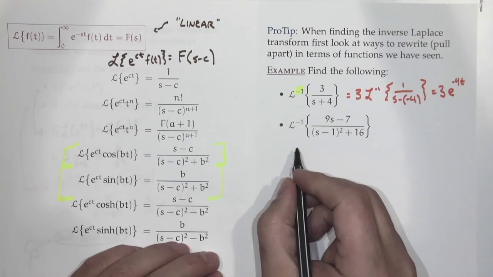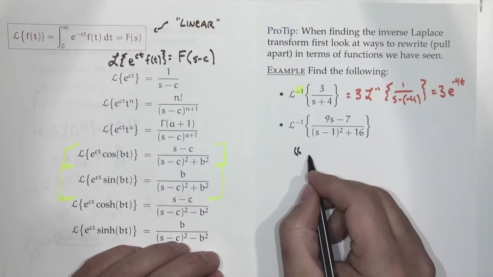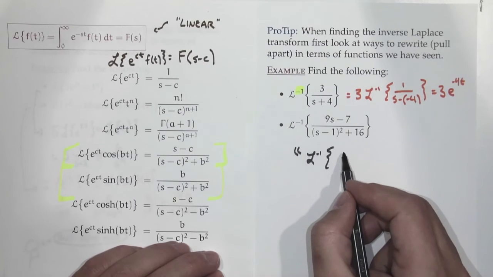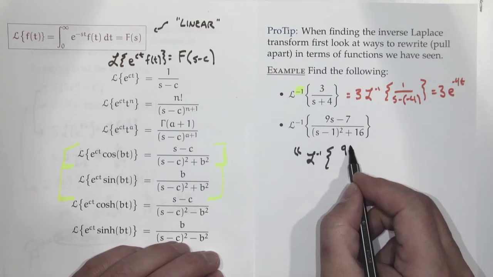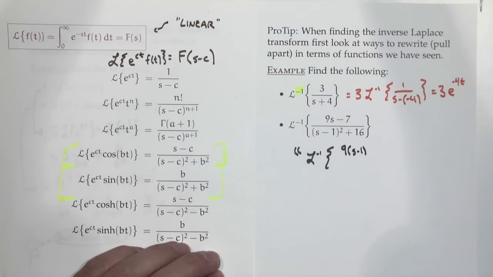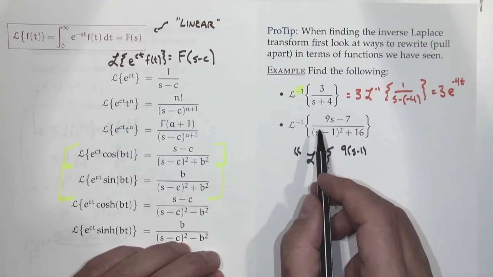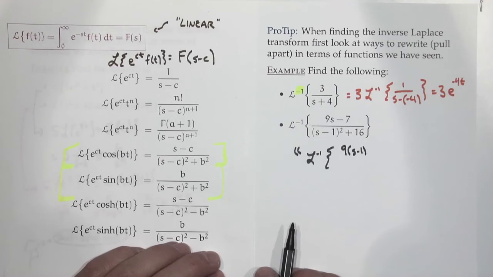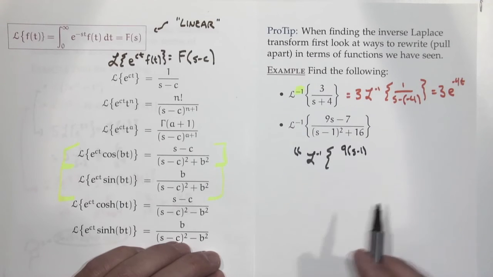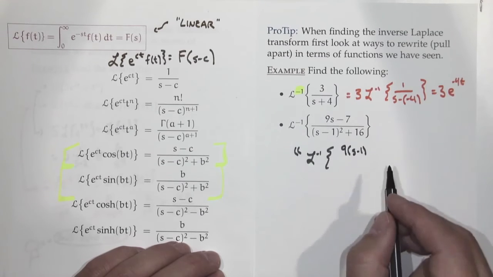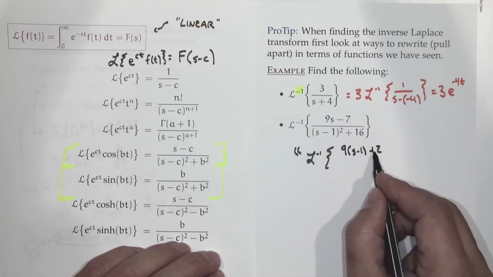So we think about this for a second. Another way to look at this: let's pull a 9 out, and I'm going to times it by s minus 1 because I want s minus 1. And you're going to look at me and say, Steve, that's just not true. That's not equal to 9s minus 7. And I agree. But I haven't finished writing yet. What do we need to do? Plus 2. Right?